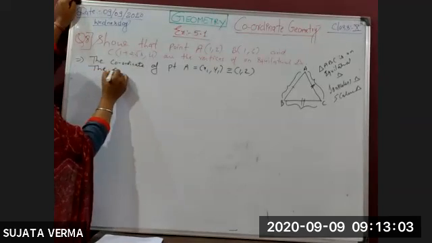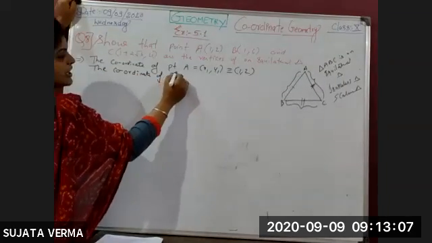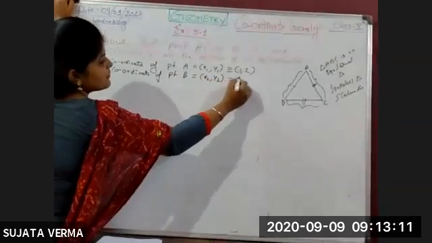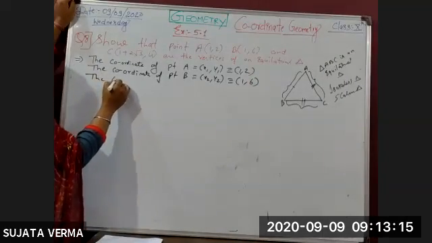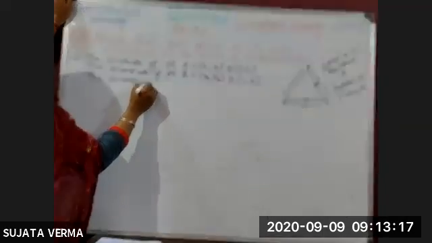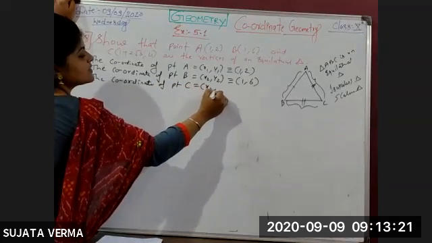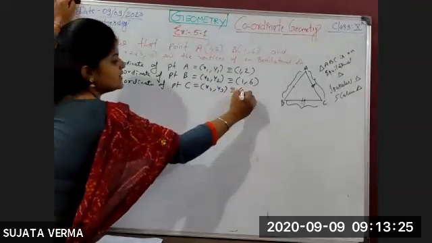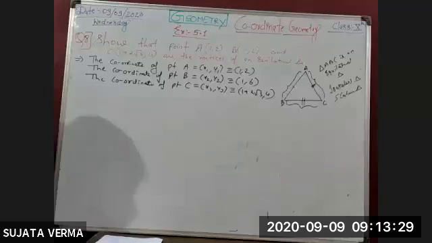Then the coordinates of point B, (x2, y2), is (1, 6). And the coordinates of point C, (x3, y3), is (1 plus 2 root 3, 4). Okay.